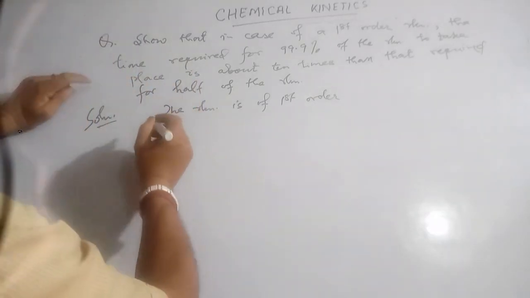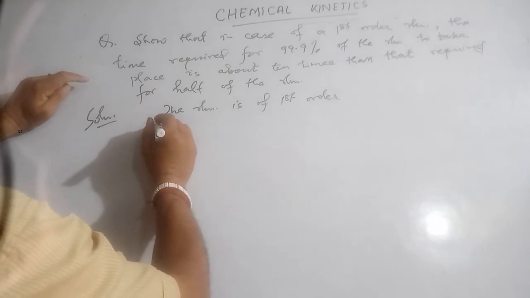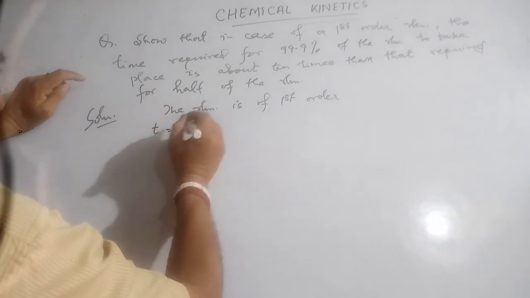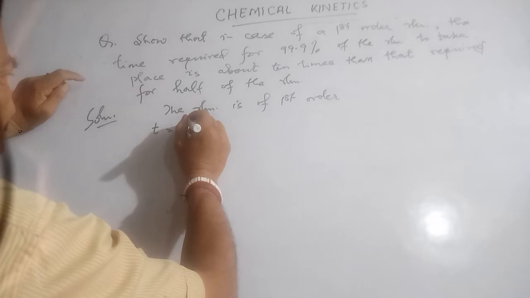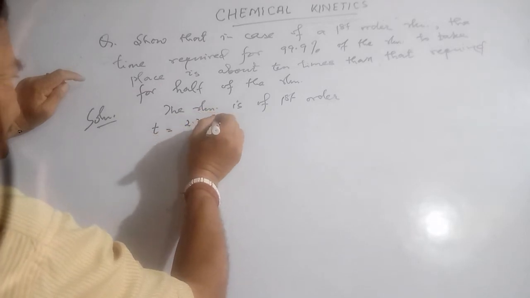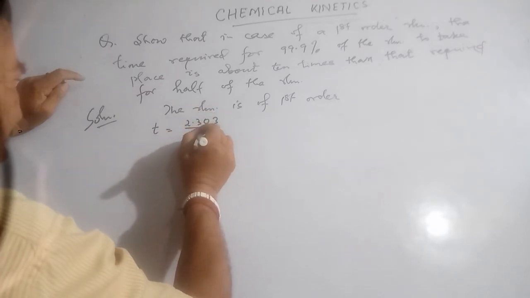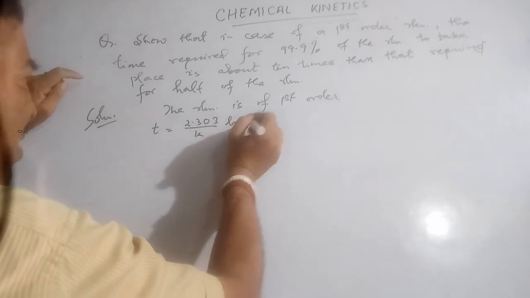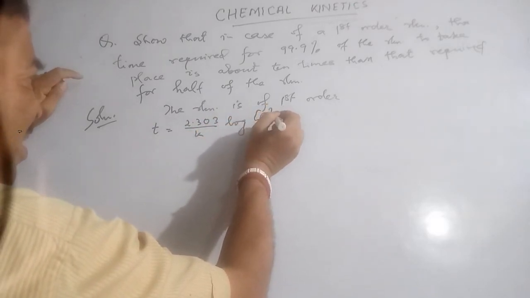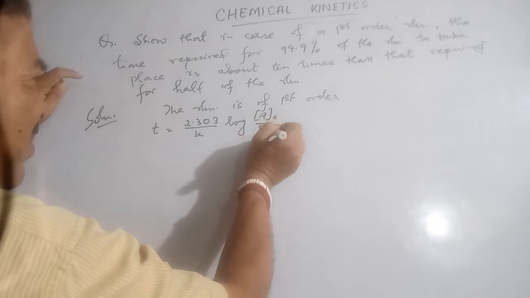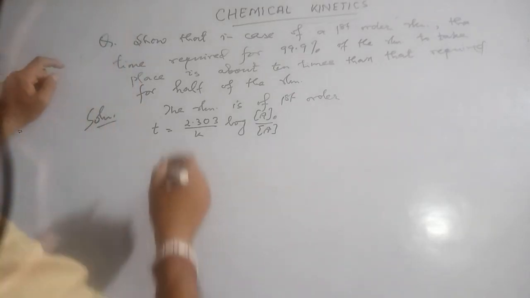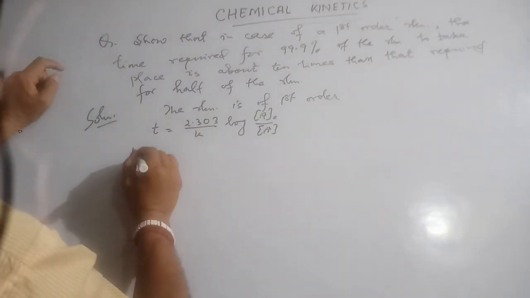Look at that. T is equal to what? T is equal to 2.303 by K log A naught by A. This is the formula.